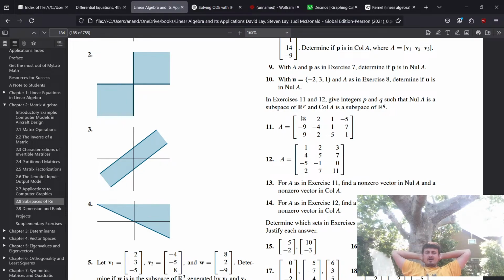Okay, so for 11, I would say A is a subspace of R3, and the null space is R4.